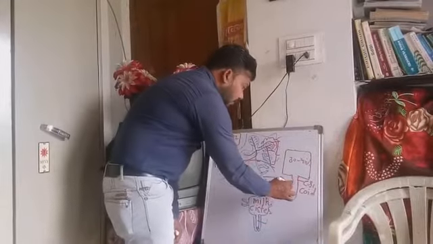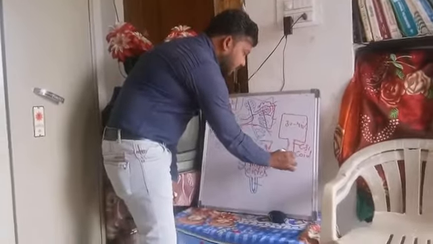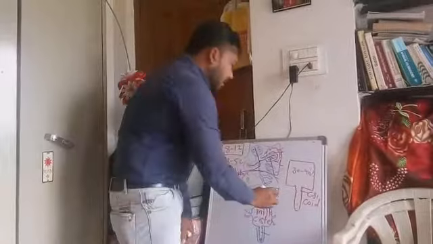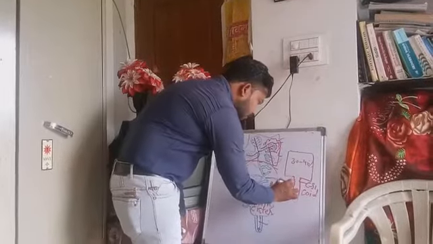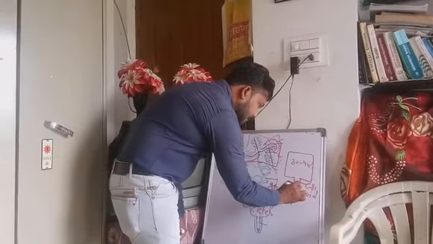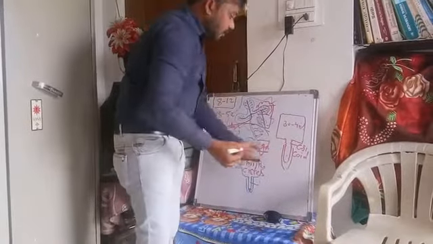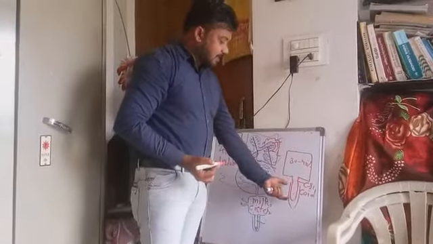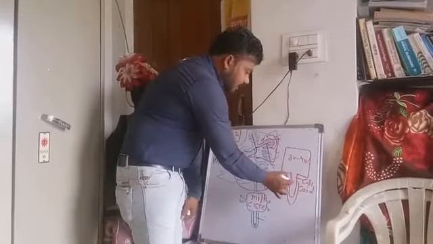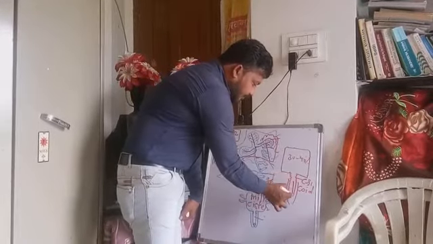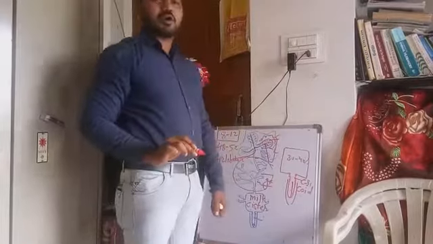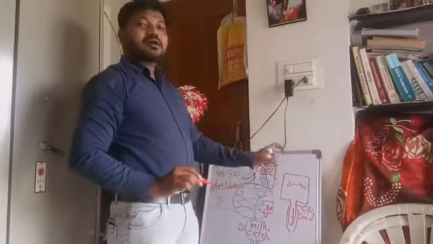This is the outer skin of the teat. Inside the skin there is one cavity, called the teat canal or teat cistern.